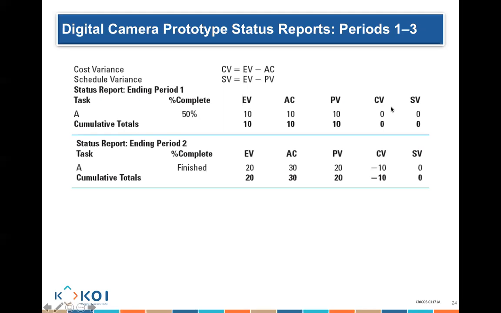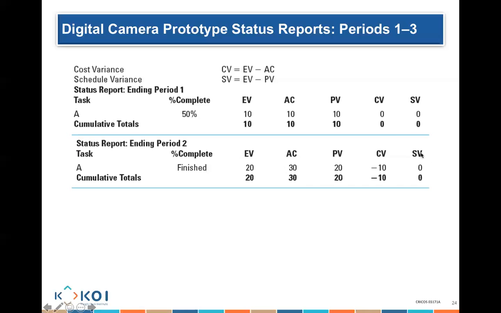Let's look at week 2. Week 2, we finish the activity. We know the activity is basically planned to go and cost me $20. I know that my earned value, I earned all of it, 100% of the work, so that's $20. But it cost me $30. So to compare, the cost variance is earned minus the cost. 20 minus 30 is equal to minus 10.